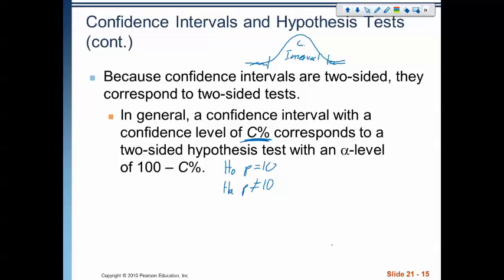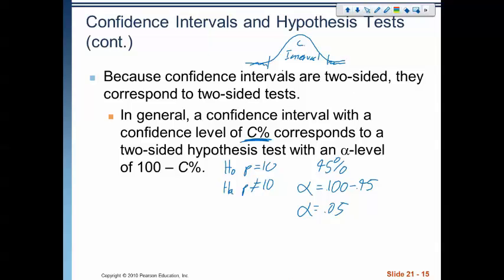If my confidence level is 95%, that means my alpha level is 100 minus 95, and these are point numbers, which means it is 0.05. So an alpha value of 0.05 corresponds to a 95% confidence interval on a two-sided test.